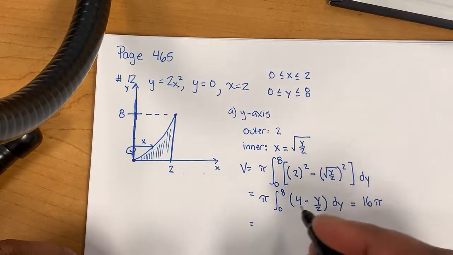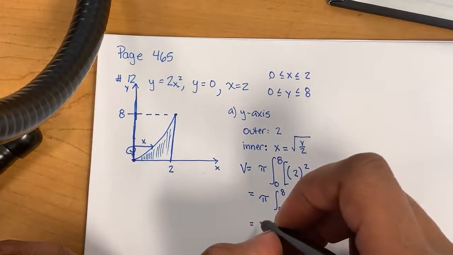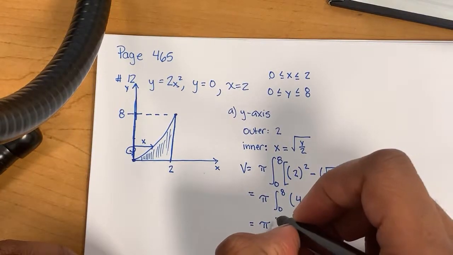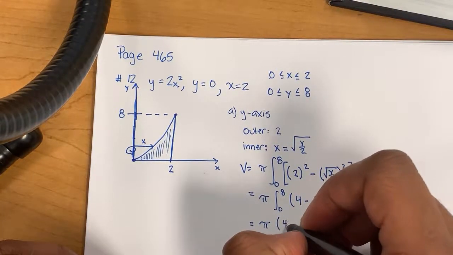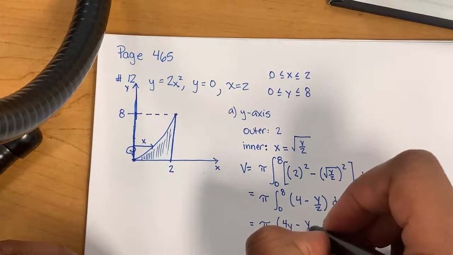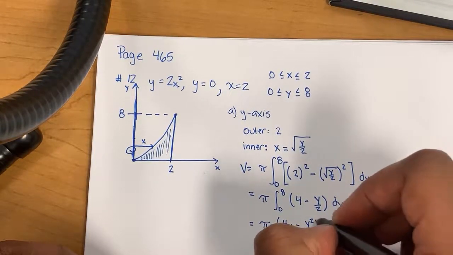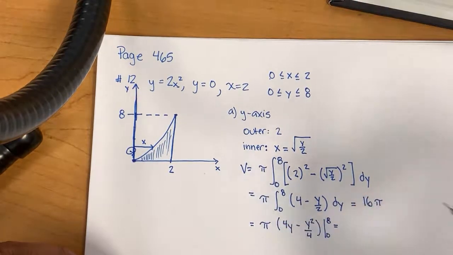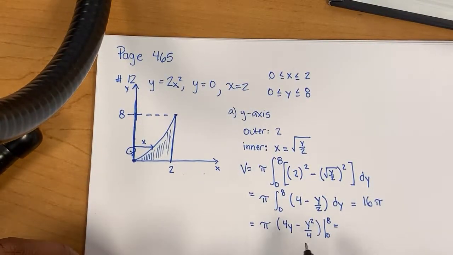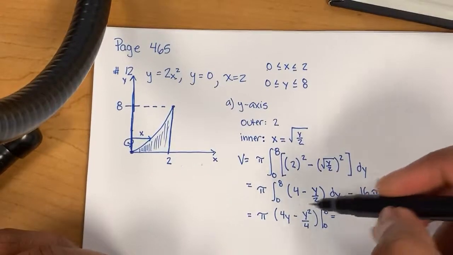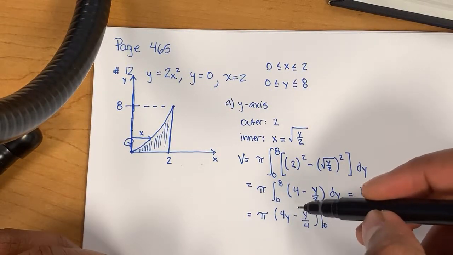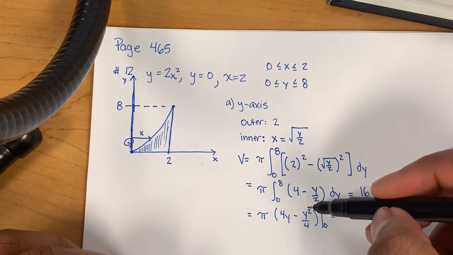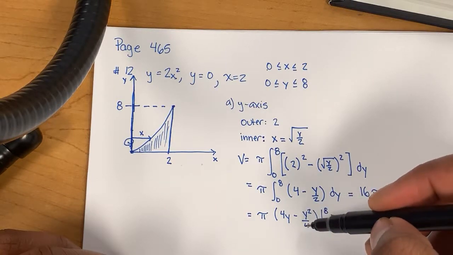Now this may be something we can verify pretty easily by actually integrating. So we get pi times 4y minus y squared over 4 evaluated from 0 to 8. And if we substitute in 8, we get 32 minus 8 squared is 64 divided by 4 is 16.